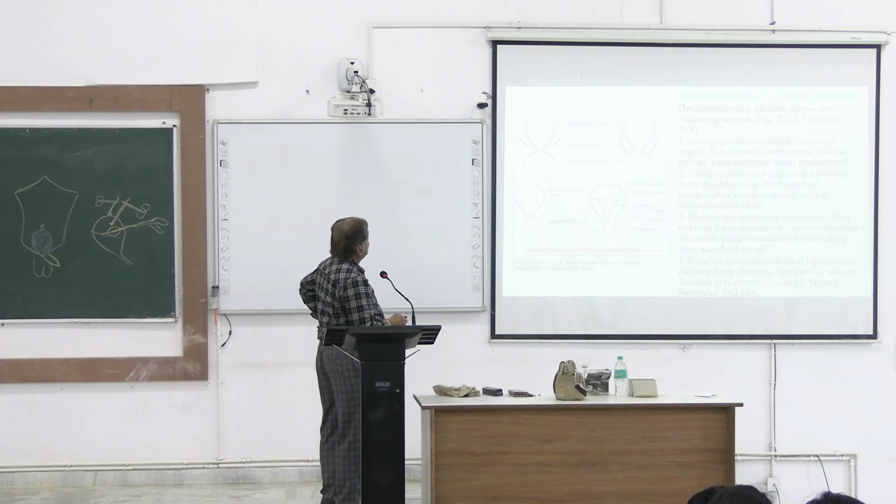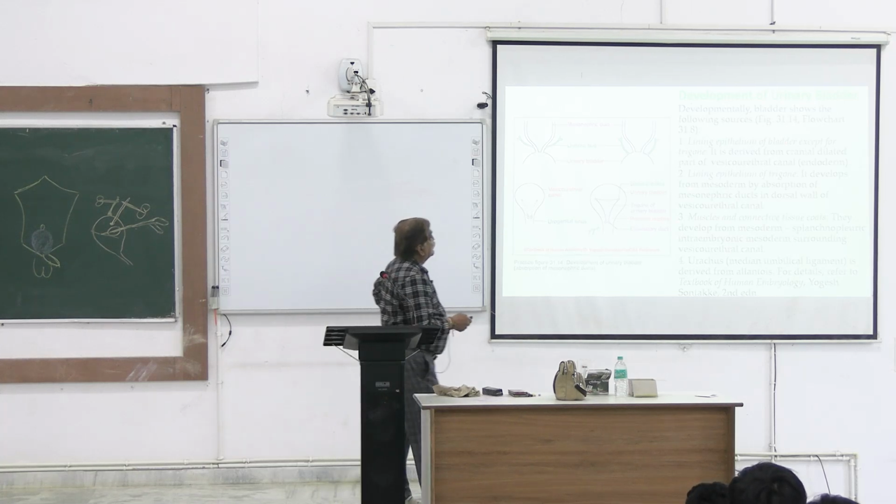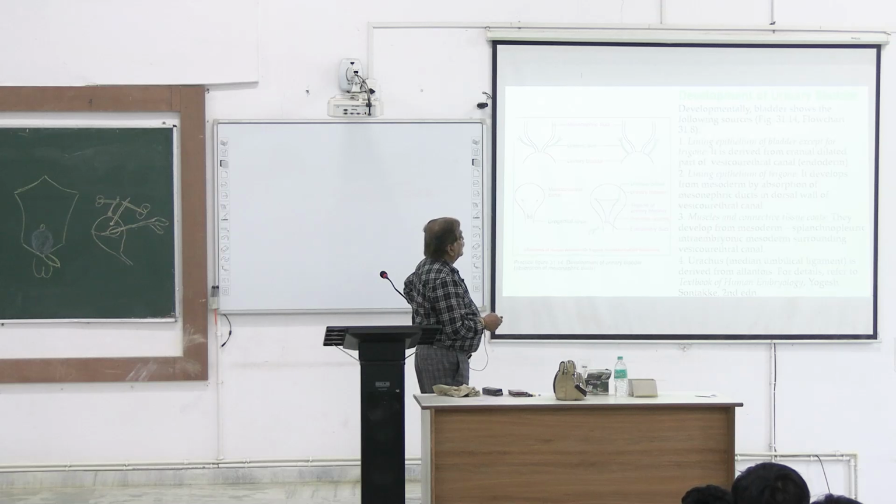Development: the ureteric bud, urinary bladder. Vesico-urethral canal, urogenital sinus, ureteric orifice, urinary bladder, trigone of the urinary bladder, primitive urethra and ejaculatory duct. Lining epithelium of the bladder, except the trigone, is derived from the cranial dilated part of the vesico-urethral canal, endoderm. Lining epithelium of trigone develops from mesoderm by absorption of mesonephric ducts in the dorsal wall of the vesico-urethral canal.